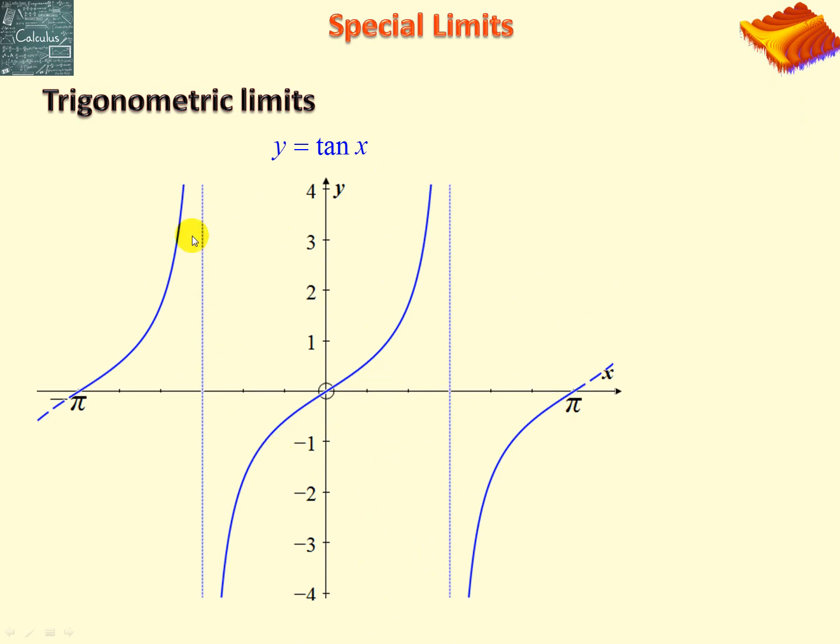We have these asymptotes at negative pi by 2 and pi by 2. That's pretty straightforward. That one, tan is tending to infinity as x tends to negative pi by 2 from the left limit. And of course the right limit is negative infinity.